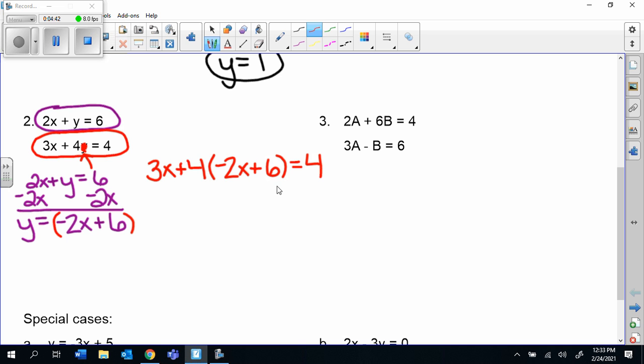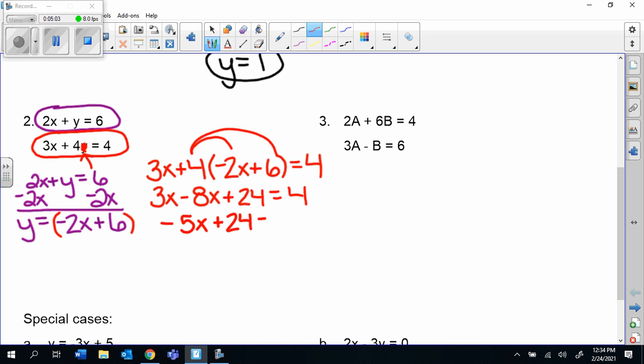So now we're down to one singular variable. Multiply this through, just like we learned in chapter 3. So negative 8x plus 24 equals 4. 3x minus 8x is negative 5x plus 24 equals 4.